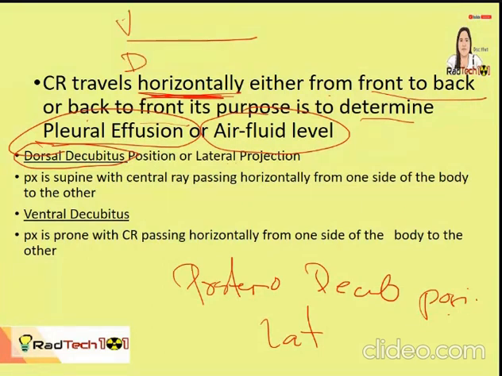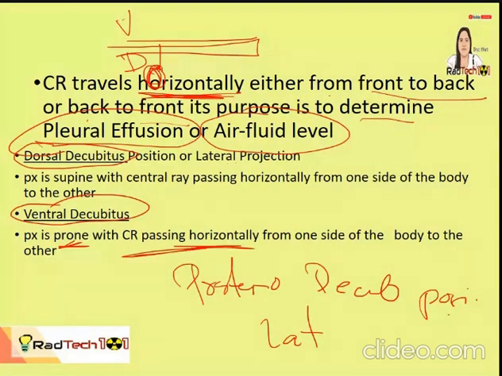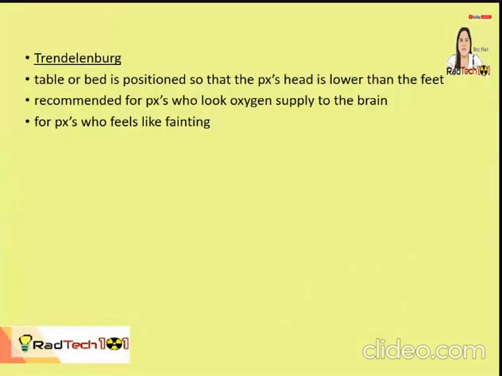This is the table, and our tube is horizontal, at the side, either left or right. So, dorsal decubitus. When the patient is prone, ventral decubitus. Again, remember, in decubitus, the central ray is horizontal or the X-ray tube is at the side. So, that is for decubitus.